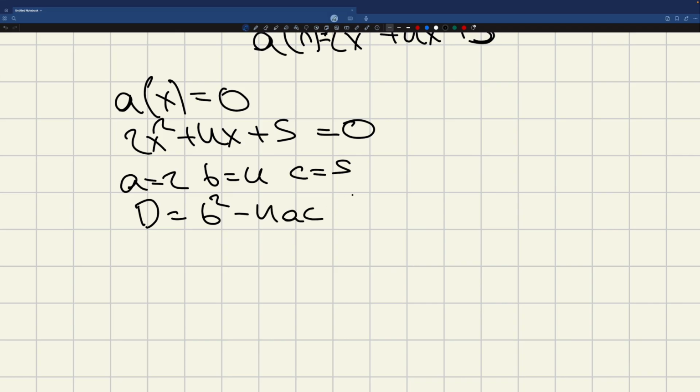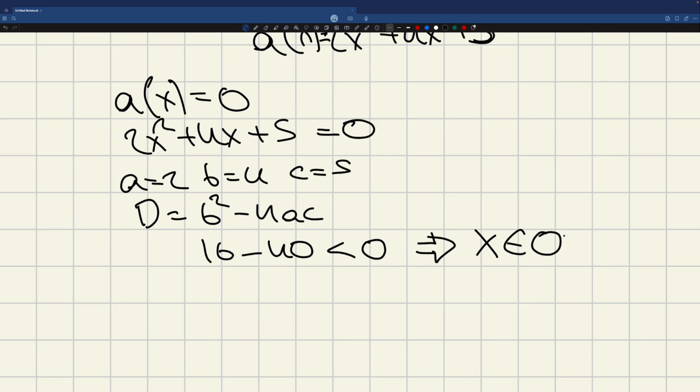It's the thing that you put under the square root. So b squared in this case is 16, ac is 10, so 16 minus 40. 16 minus 40 is a negative number, and therefore there is no solution. X belongs to empty set.